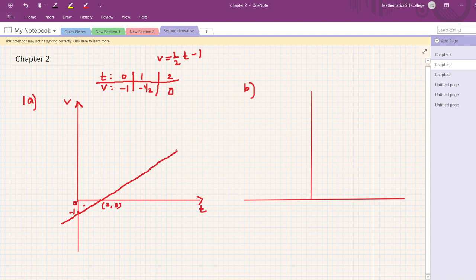So we have a line like this, which should pass through these points. So this is the line v equal to half t minus 1. You can plot some of the points and draw the graph.